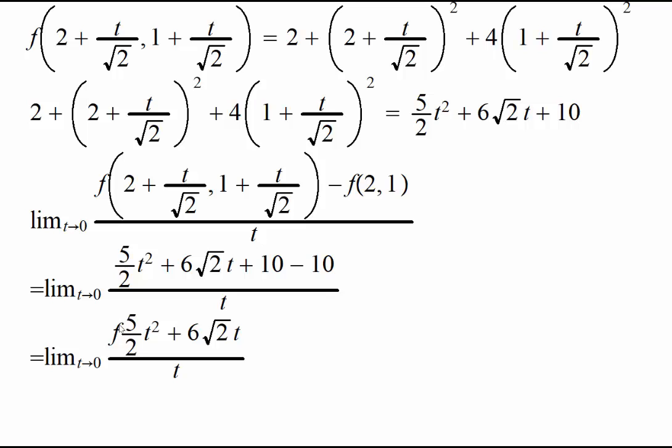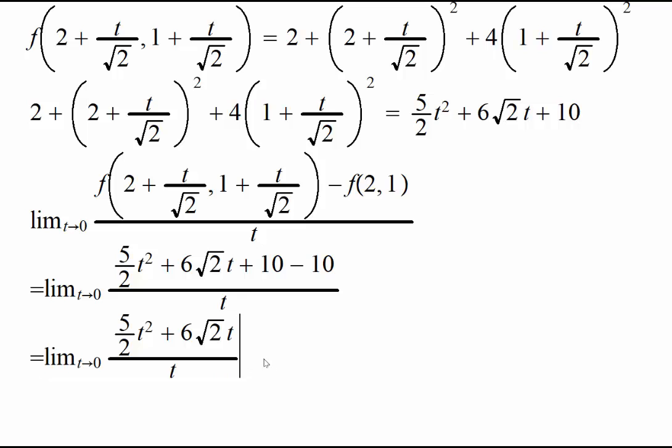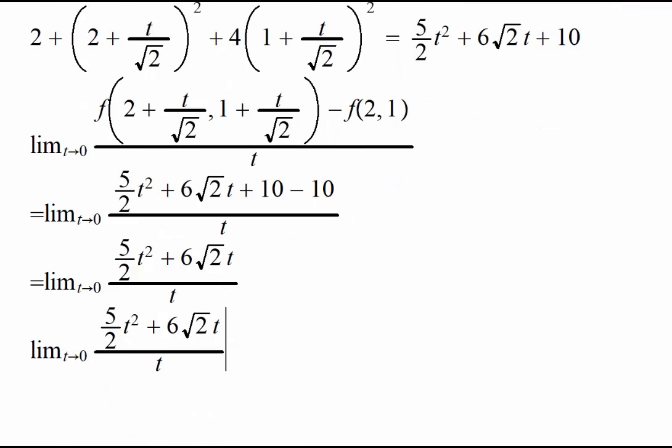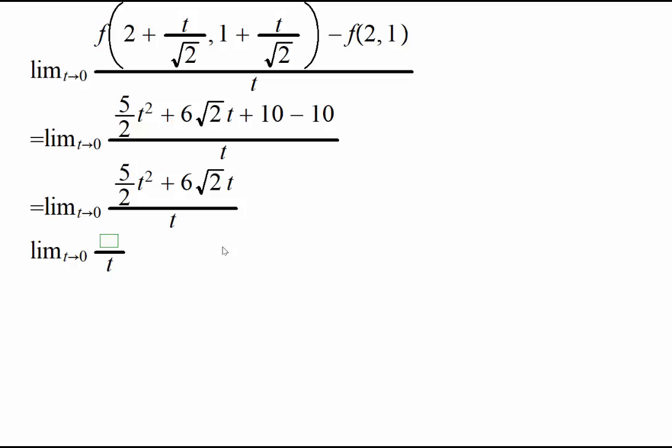How much? 6 square root of 2 after we take the limits, because t cancels out, and when t cancels out we simply get this quantity here. So we got t, this t is out, so the answer is 6 square root of 2.